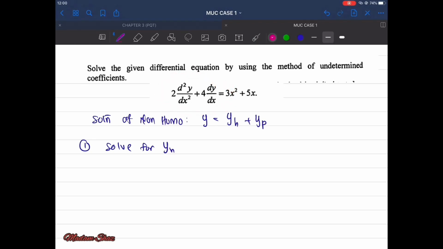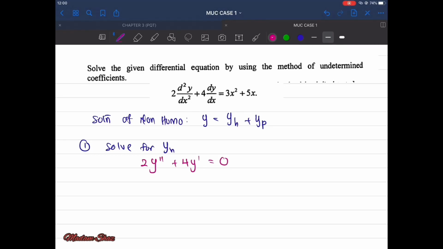The terms on your left hand side are 2y double prime plus 4y prime equal to 0. We make it equal to 0 because we want to solve for the homogeneous equation.